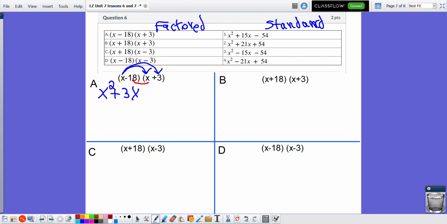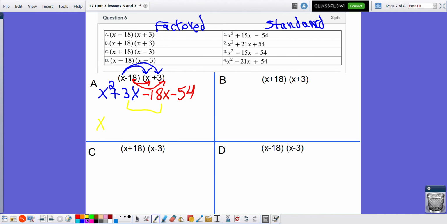Now we will multiply negative 18 by x and negative 18 by 3. Negative 18 times x is negative 18x. Negative 18 times 3 is negative 54. So now we know we need to combine like terms. We need to put 3x and negative 18x together.